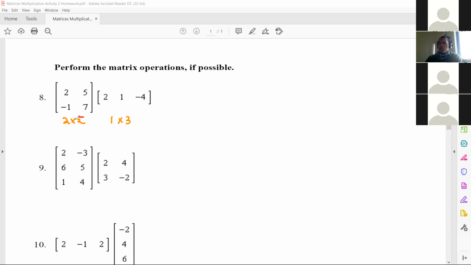So we first have to check this column and this row. If they are equal, then we can multiply. In the first case, this is not equal, so we can therefore not multiply. This is not possible, or undefined.